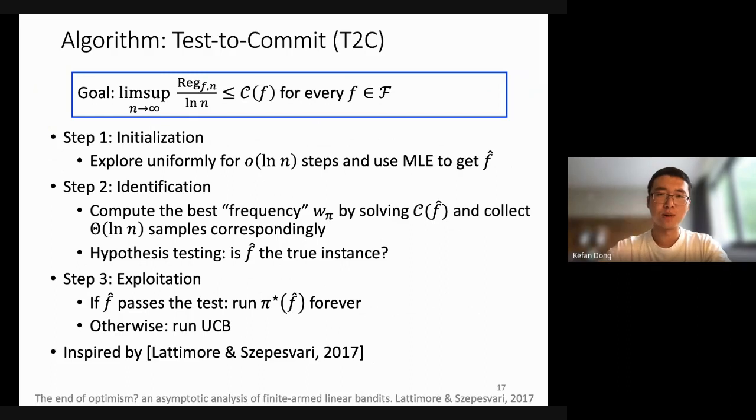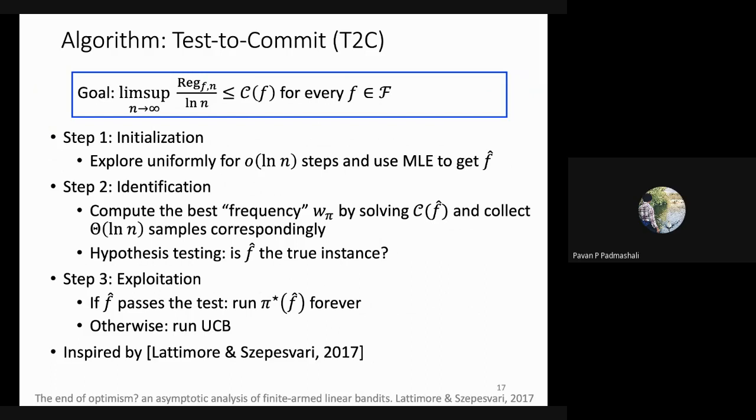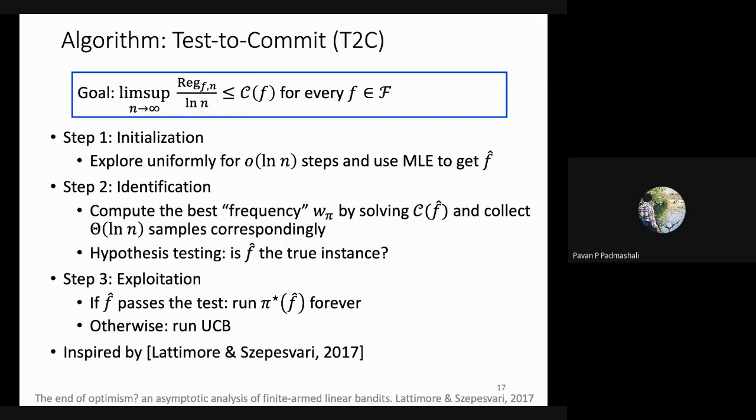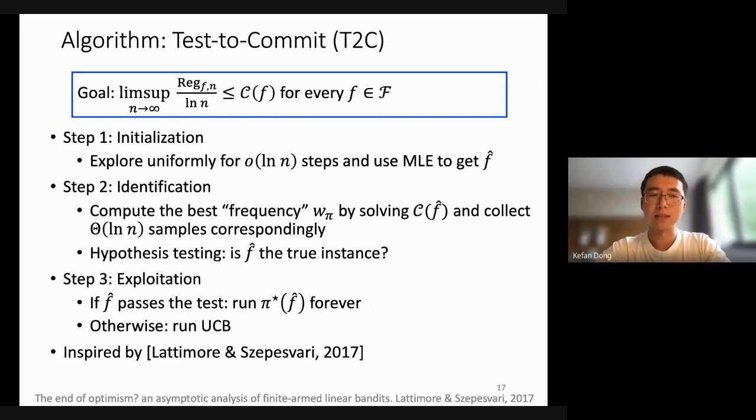So we just do one round of initialization, identification, and exploitation. We can switch, sorry, but we cannot tune, right? Here we can switch, but we don't tune this frequency. Right.